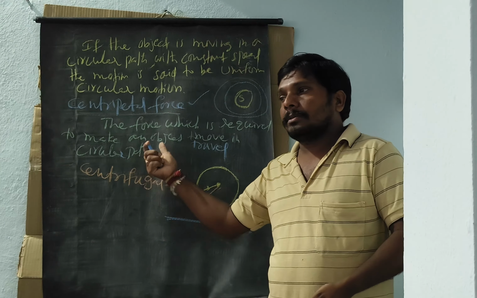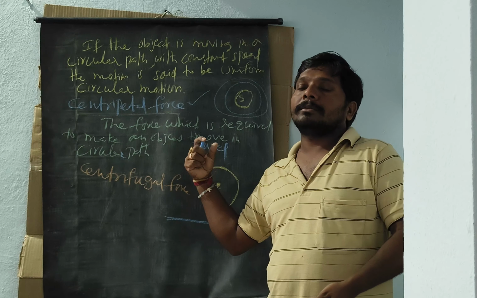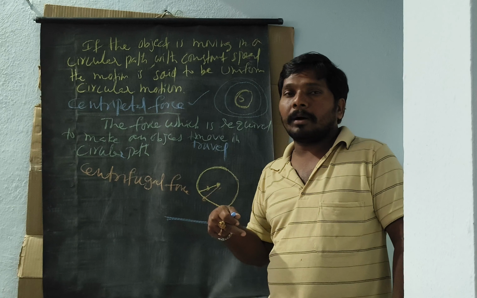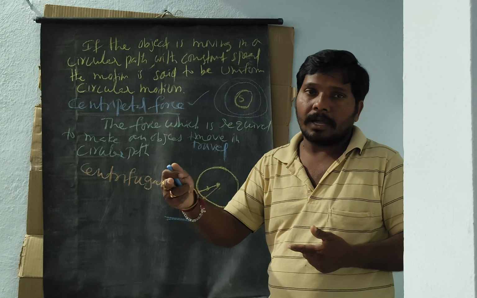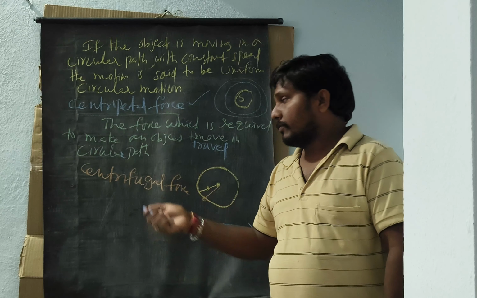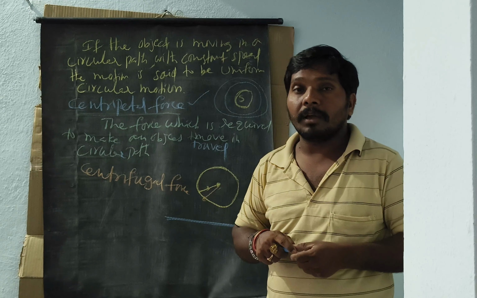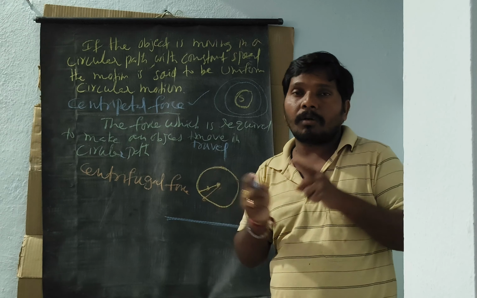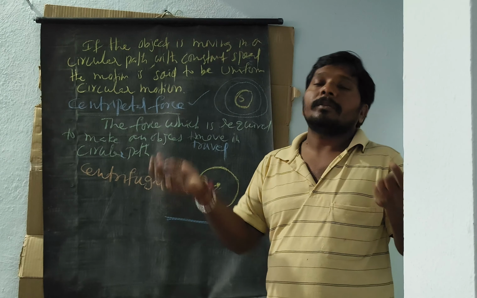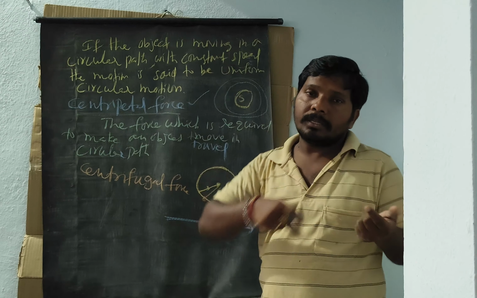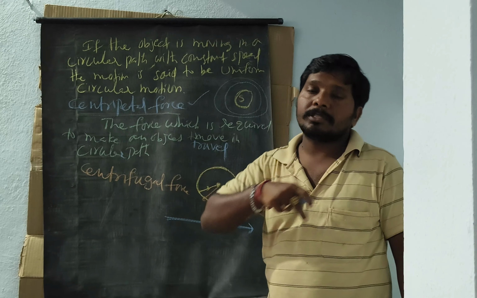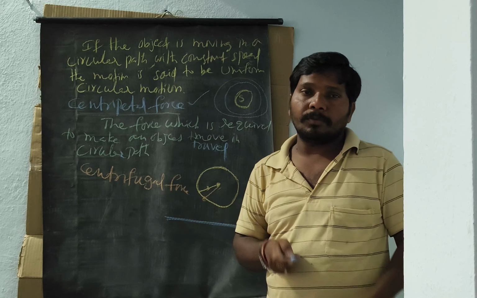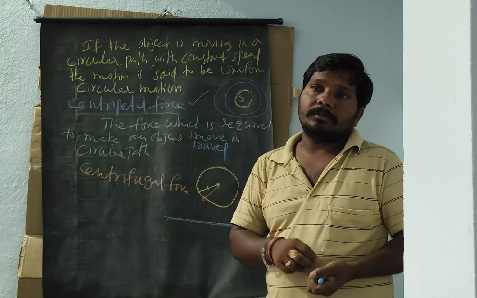But this acts towards the center, yet the object cannot move towards the center. It maintains the same path because some other force also acts outward from the center. That force we can call centrifugal force. This centripetal force and centrifugal force are equal in magnitude. So the object moves in a circular path with the same speed by changing the direction. Applications we already discussed. Circular motion, right?